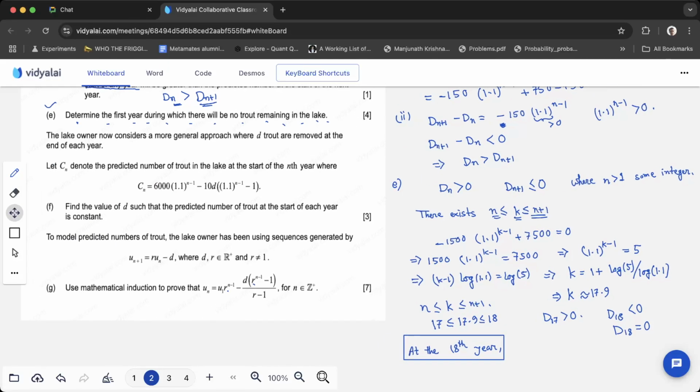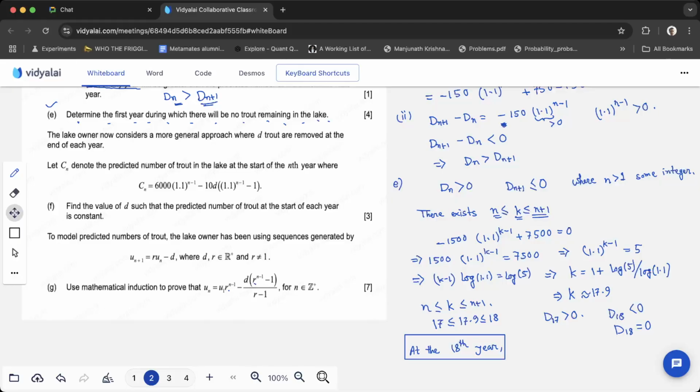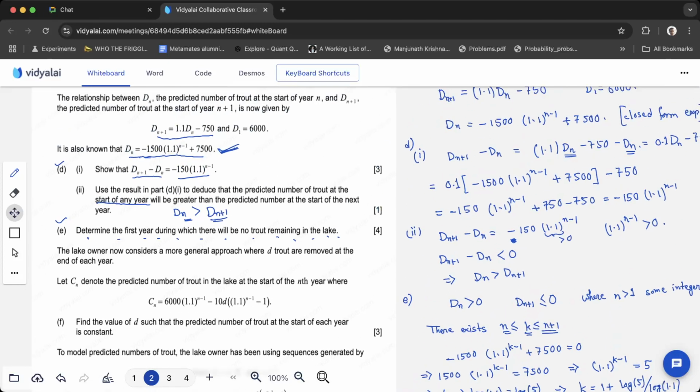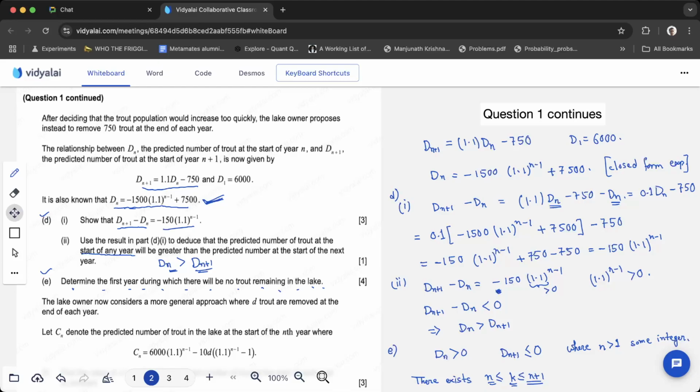All right. So first we had a situation where overpopulation prevailed, and the owner had to increase the number of trout that he has to remove every year. So if we go back, first he found out that the population would increase too quickly.